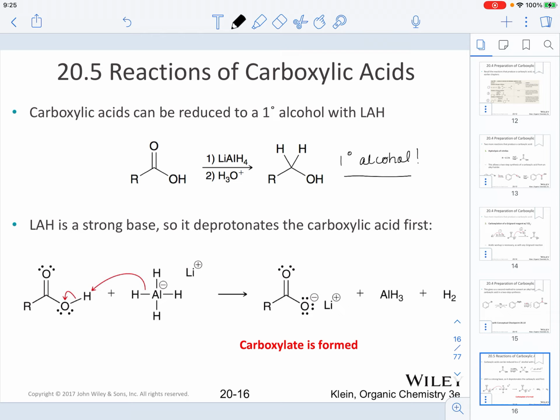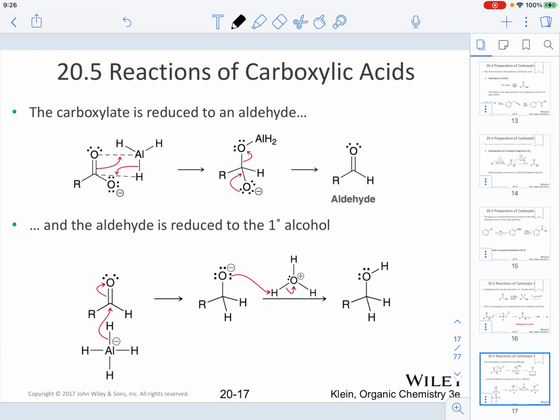What is being illustrated is that the lithium aluminum hydride deprotonates the carboxylic acid, forming a carboxylate salt, along with aluminum trihydride, and also making hydrogen gas, so molecular hydrogen.